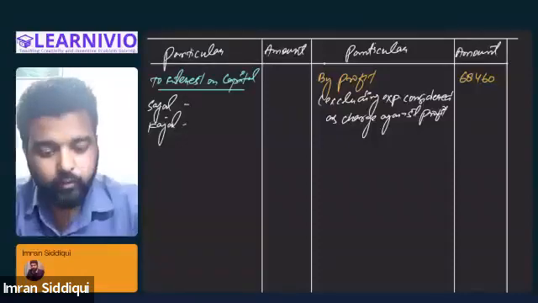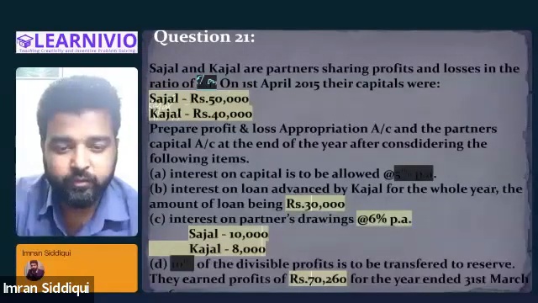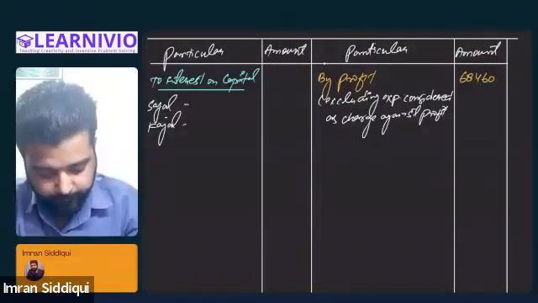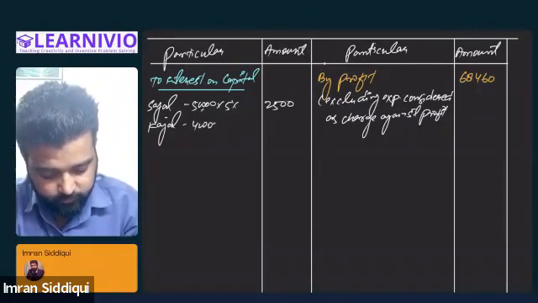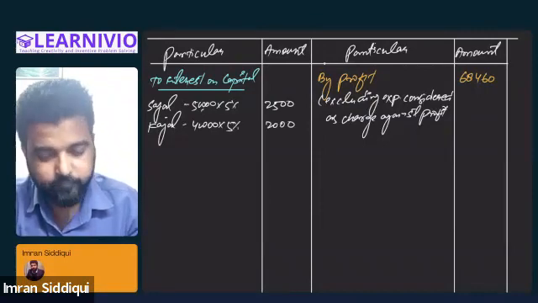The interest will be on 50,000 for Sajal at 5%, and on 40,000 for Kajal at 5%. So 50,000 into 5% will be 2,500, and Kajal on 40,000 at 5% will be 2,000.